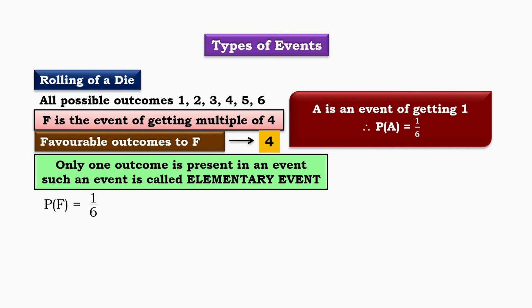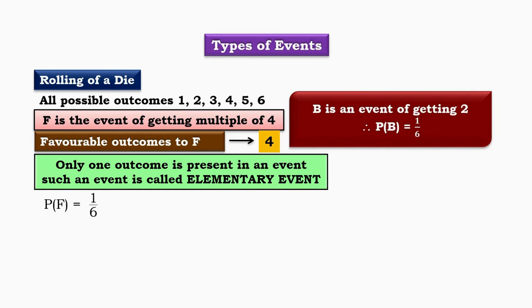Similarly, A is the event of getting 1. If I ask the probability of getting a 1 when we roll a die, only one outcome is favorable, so 1 divided by the total number of outcomes, 6, which is 1 by 6. This is called an elementary event.